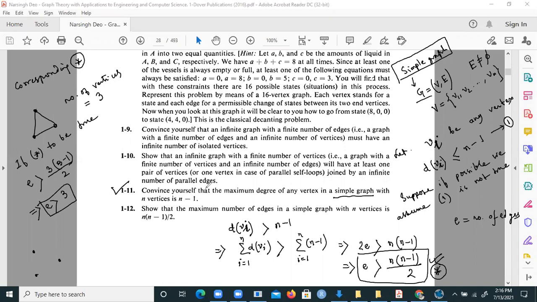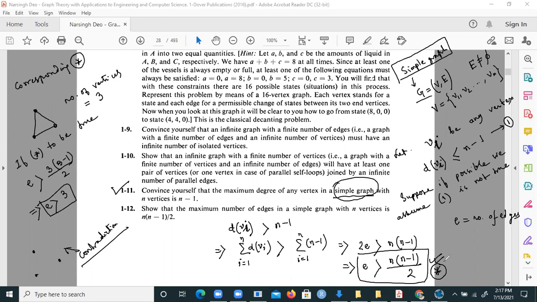If it is not a simple graph, then it is all right. But since we are considering a simple graph, this condition is actually impossible. You cannot draw it. Why am I getting this contradiction? We will not be able to connect these three vertices with more than 3 edges where the graph is simple.